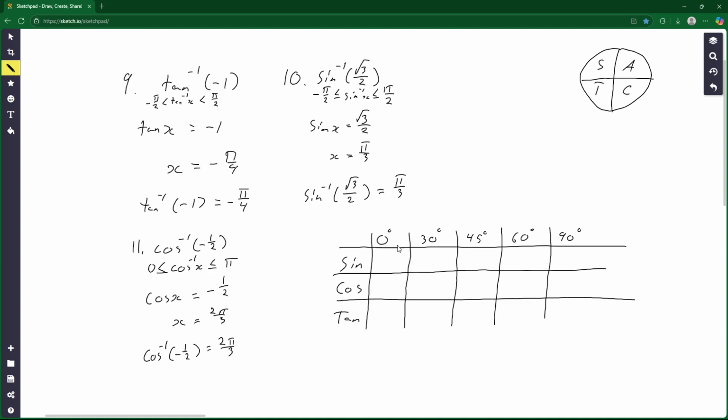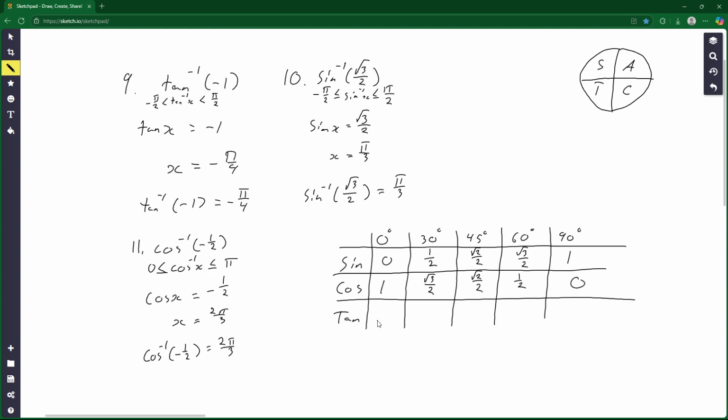Sine of 0 is just 0, and then it starts going up: 1 over 2, root 2 over 2, root 3 over 2, and then 1. For cosine, it is the complete opposite: 1, root 3 over 2, root 2 over 2, 1 over 2, and 0.